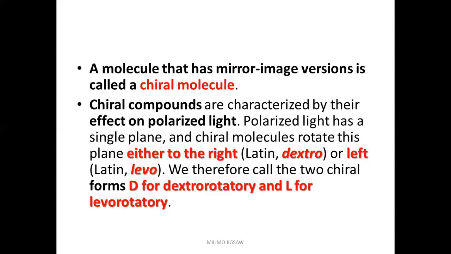As we have already mentioned, they differ in the way they polarize light. They also differ in their interaction with other chiral compounds. Chiral molecules specifically recognize other chiral molecules. For example, L amino acid proteins and enzymes are able to recognize other chiral molecules.